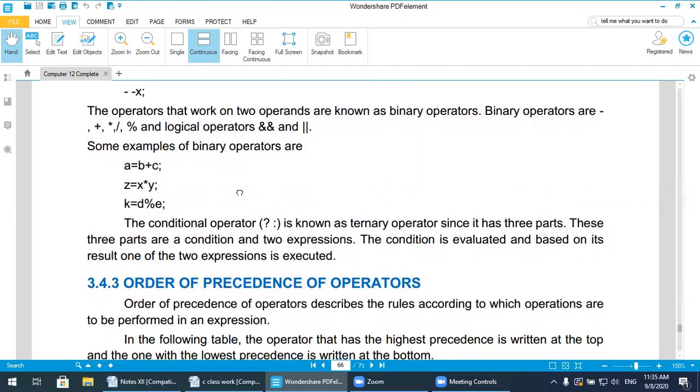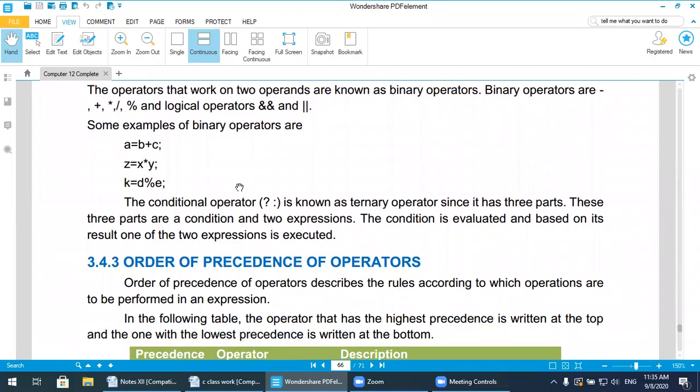Next, the third one, ternary operators. The operator which works on three variables is called the ternary operator. Yesterday's topic, the previous topic, was the ternary operator or conditional operator. The conditional operator, whose symbol is question mark and full colon, is known as the ternary operator since it has three parts.